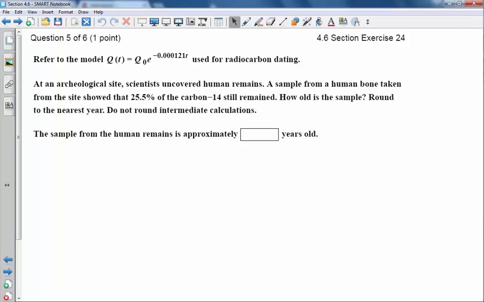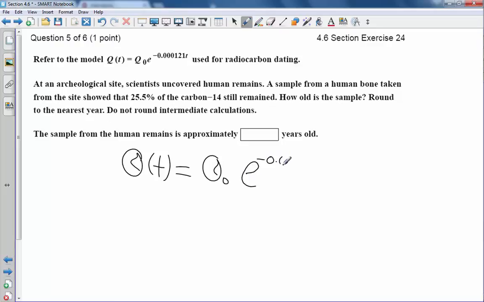Okay? So why don't we take that formula and start working on it? Q of t, this is the current amount. Right now, you take the measurement and find how much carbon is left. You put it right here. This is the reference value the bone is supposed to have had many years before. Whatever that reference value is, it's not given to us either.